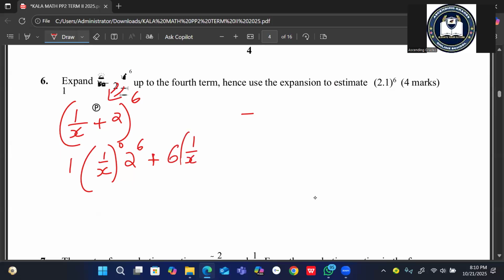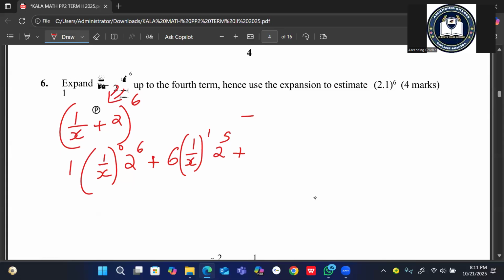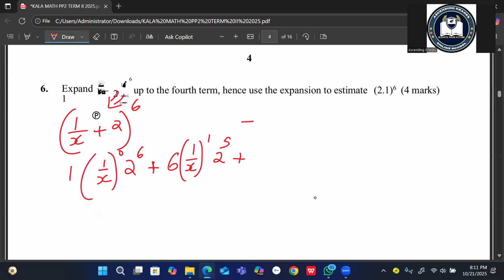Then 1 over x power 1, 2 power 5, plus 1 over x power 2, then 2 power 4, plus 1 over x power 3, then 2 power 3.